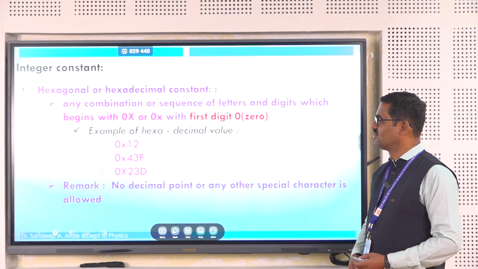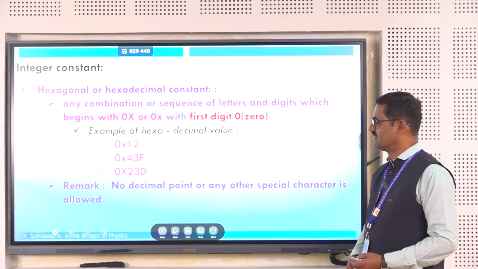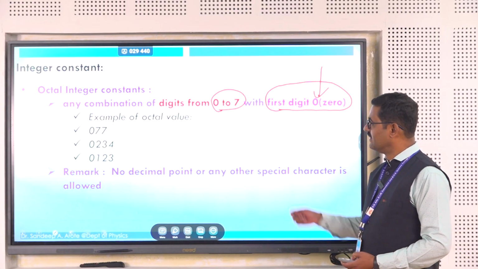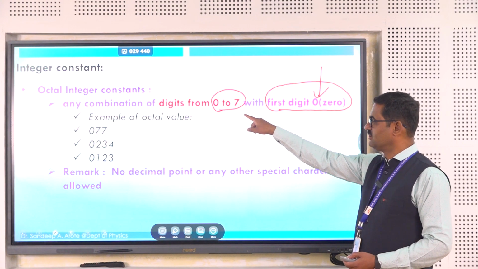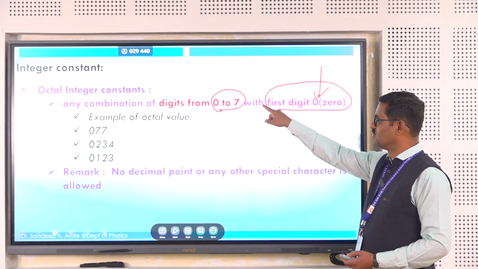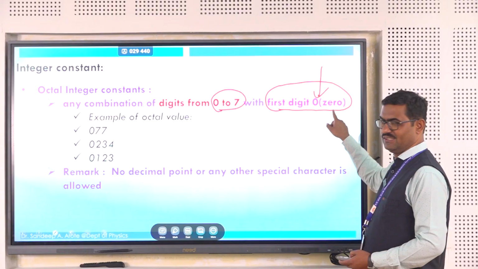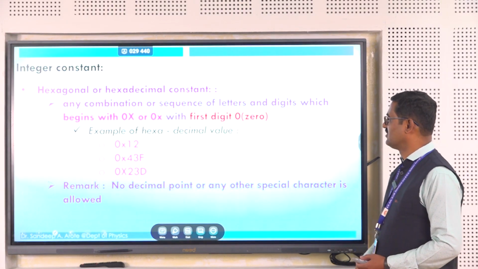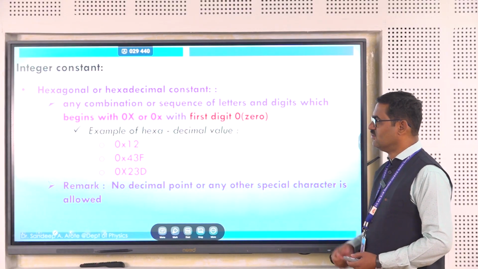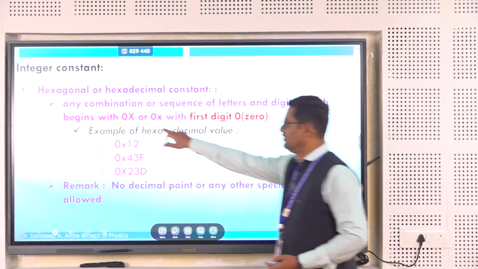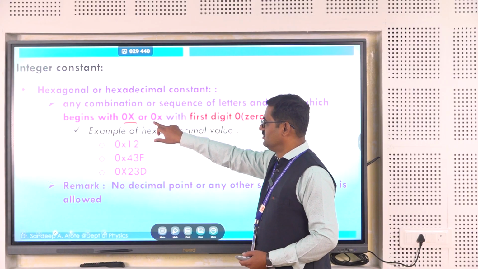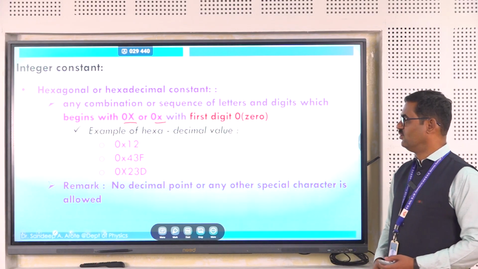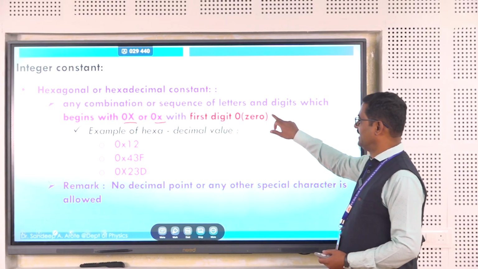Then next is hexadecimal integer constant. This is not a combination of digits from 0 to 7 with first digit as 0, but any sequence of letters and digits with leading 0x or 0X, where x can be in uppercase or lowercase, with first digit as 0.